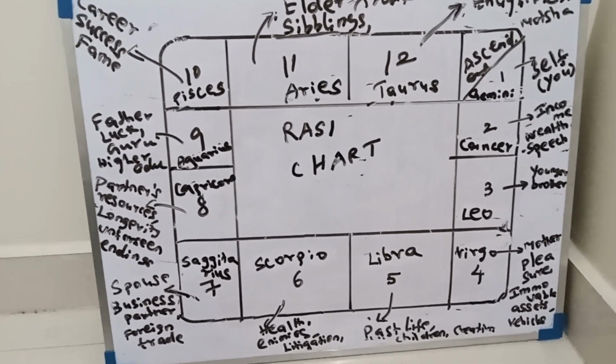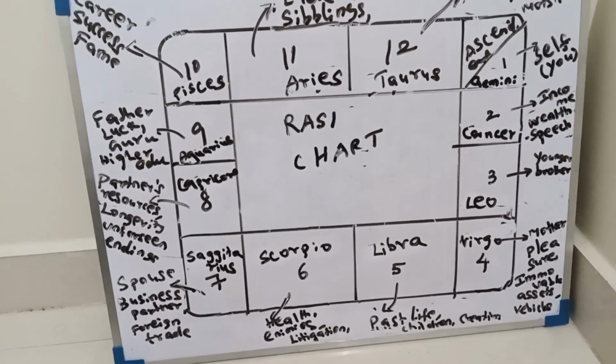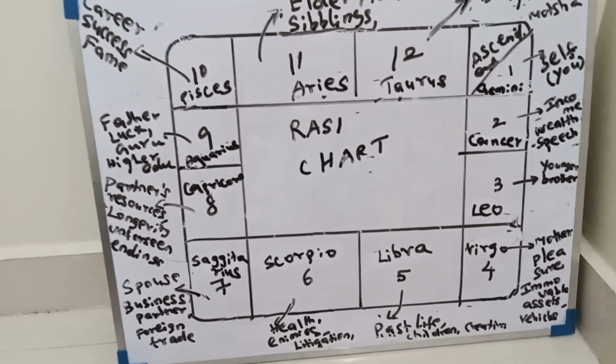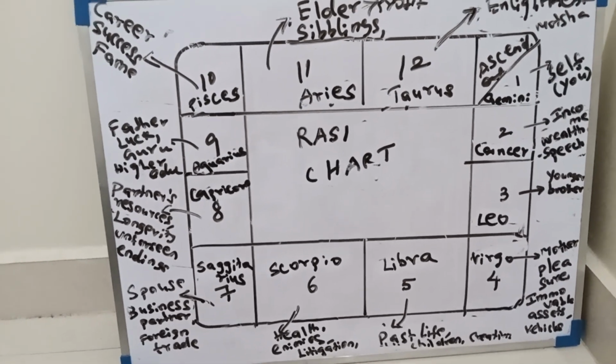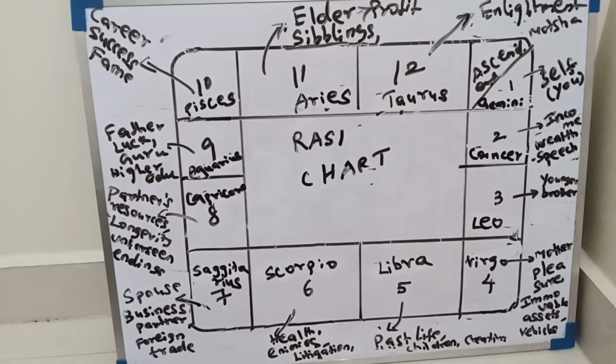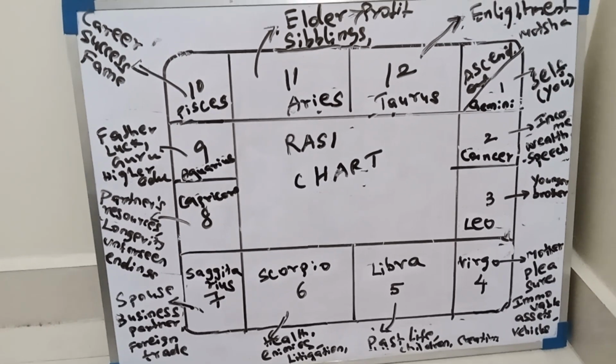Seventh house denotes your spouse, your business partner, foreign trade. Eighth house denotes your partner's resources, basically your longevity, and also any unforeseen endings, which means death due to accident, or any unforeseen incidents in life. All those are denoted in the eighth house here.